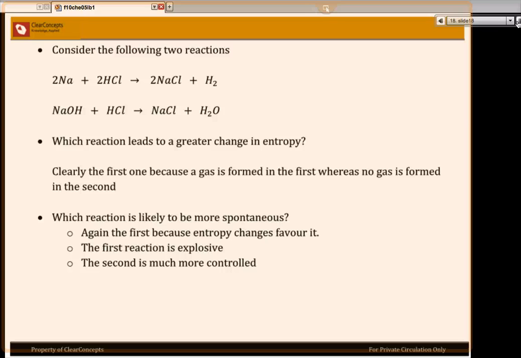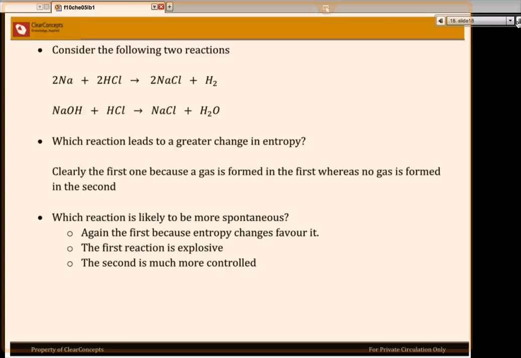Spontaneity and entropy, yeah? That spontaneous reactions are those in which entropy increases. He taught you this, yes? Amol did, okay, sure.